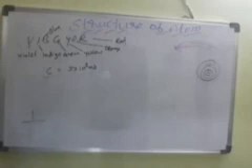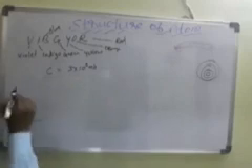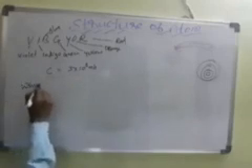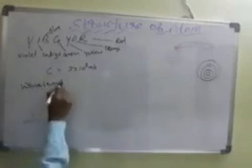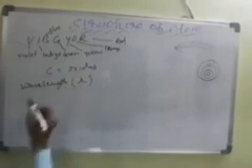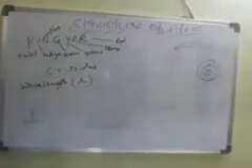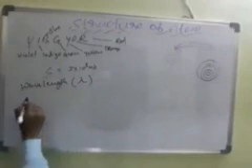Like ocean waves, electromagnetic waves have the characteristics of wavelength and frequency. For electromagnetic waves also, wavelength is there. Wavelength is indicated by lambda, and frequency also is there.